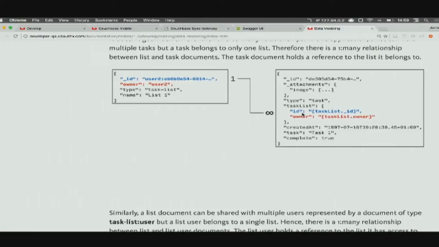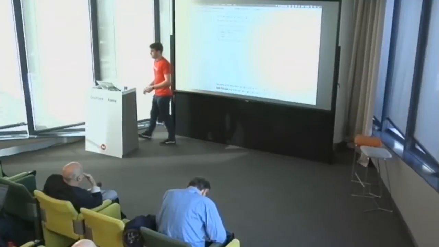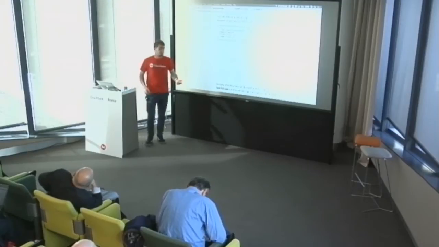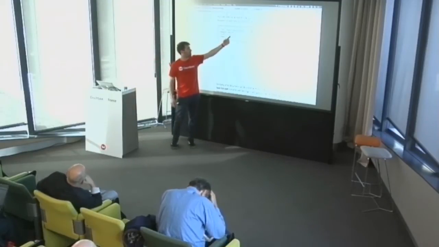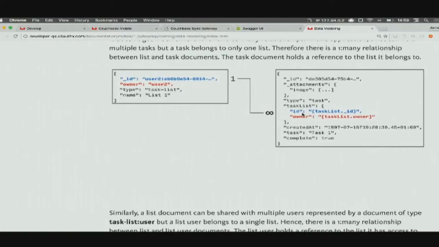So you could just say, "I'm going to take this dictionary and put it there." But the downside with that is, if somebody wants to update, for example, the name of this list, they're going to have to go through all of the tasks and update what's in the task, right? And that's not great. Instead, you want to separate them out. So usually, that's what happens.